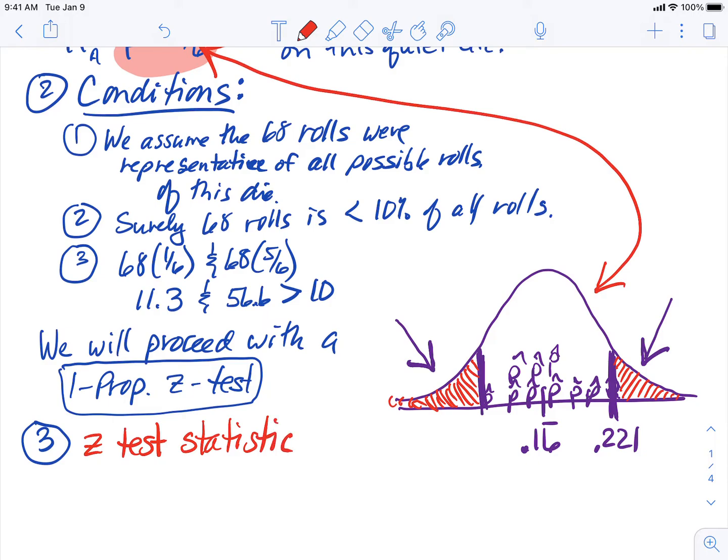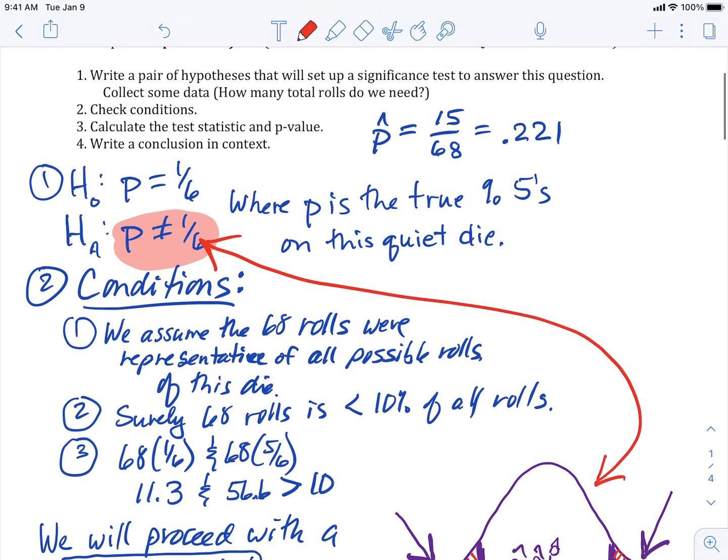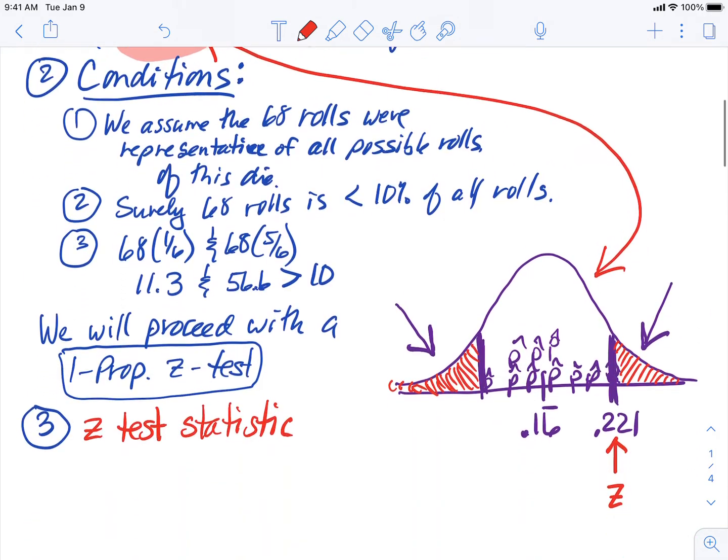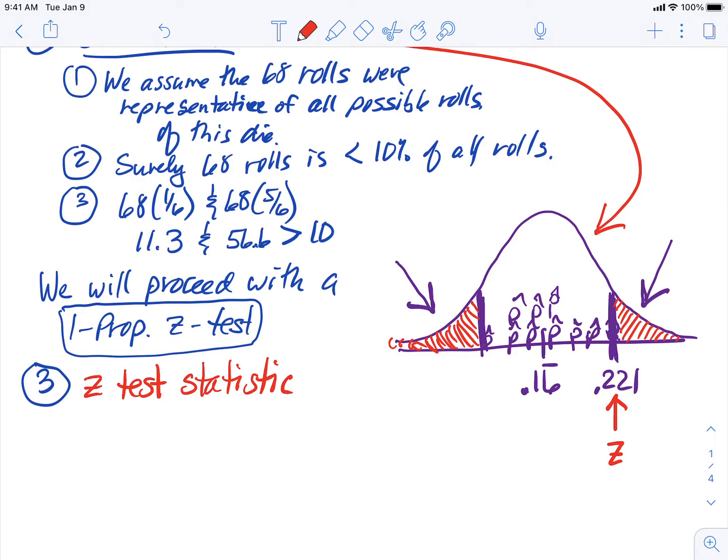We would like to know what the z-score is for this p-hat boundary that we got when we got a sample of, what was it, 15 out of 68. So that 22% that we got for p-hat landed to the right of the mean a little bit. And the z-test statistic is simply the z-score for the p-hat that we got.